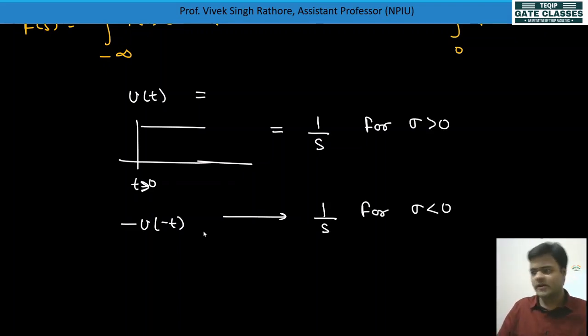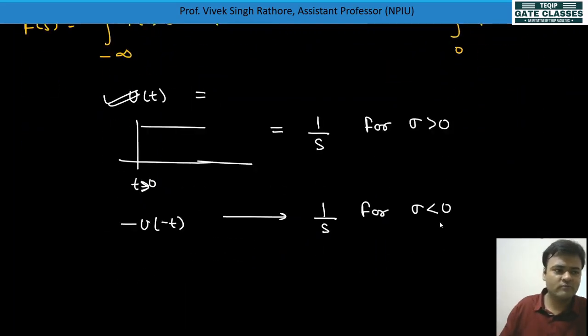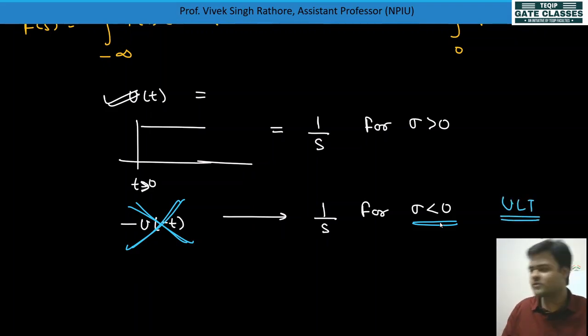Now, for the bilateral transform we have seen that the Laplace transform of u of t is 1 by s for sigma greater than 0, and of minus u of minus t is 1 by s for sigma less than 0. But for the unilateral Laplace transform, we are considering only from 0 to infinite. So how can this value be for sigma less than 0? So this Laplace transform cannot be calculated for the unilateral Laplace transform. This you need to understand.